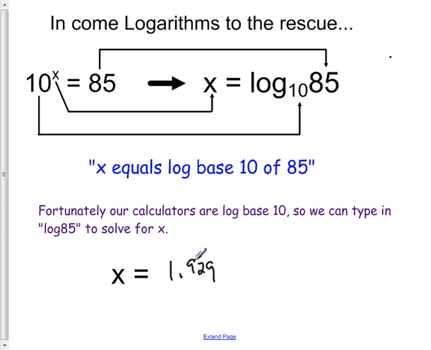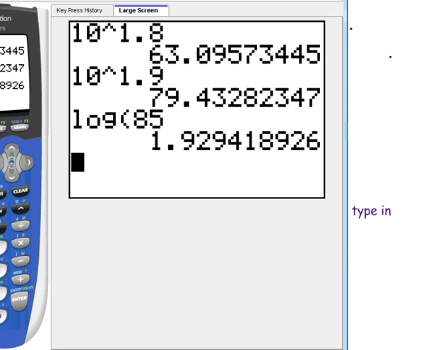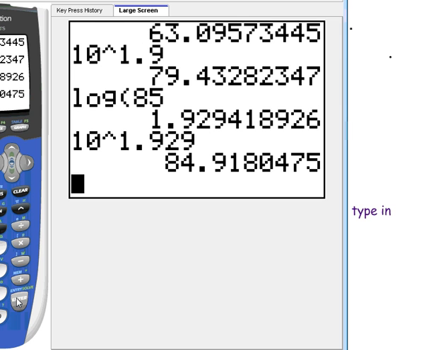Okay, and the way to check is plug it in, 10 to the 1.929, and you should get about 85. So let's check. 10 to the 1.929. We get 84.9. So it's not exactly 85, and the reason is because we didn't type in 1.929418926.